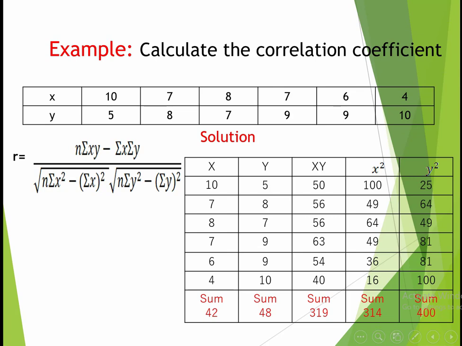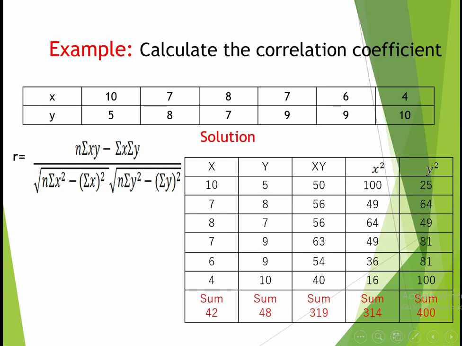Again, I'm going to plug 10, 7, 8, 7, 6, 4 in the first column as values of x. Plug 5, 8, 7, 9, 9, 10 in the second column as values of y. And then I'm going to multiply 10 by 5, 7 by 8, 8 by 7, 7 by 9, 6 by 9, 4 by 10.